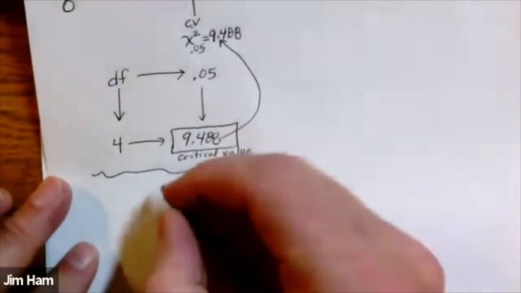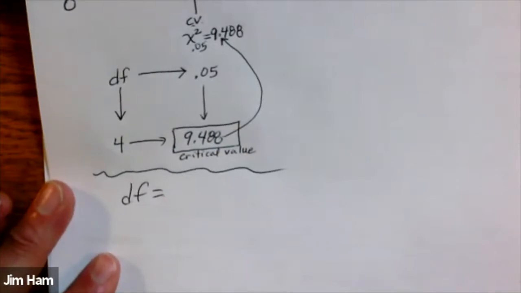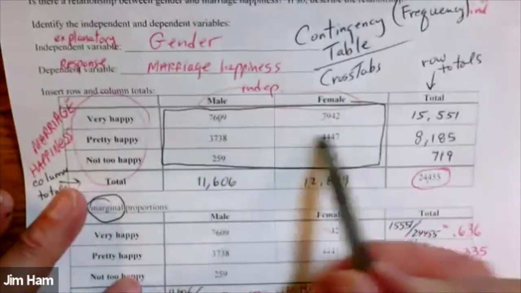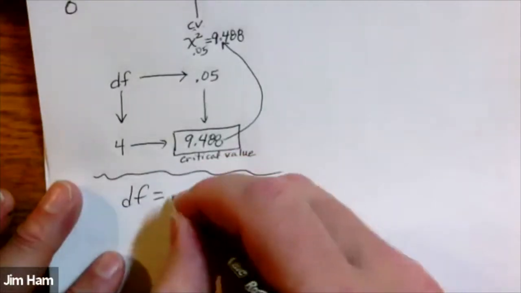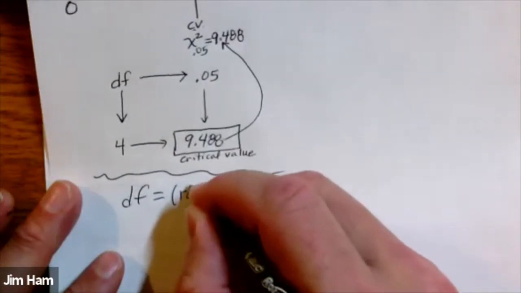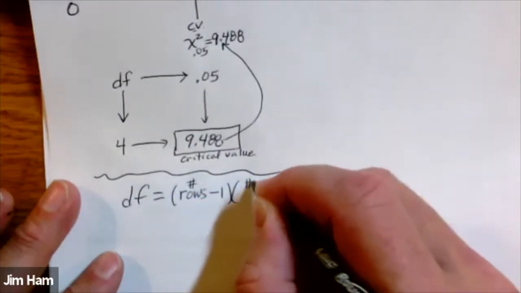Okay, one last thing. How to calculate the degrees of freedom in this test. We're going to have a table, and the table has a certain dimension to it. In our example here, we have 1, 2, 3 rows and 2 columns of data. The degrees of freedom is always equal to the number of rows minus 1 times the number of columns minus 1.